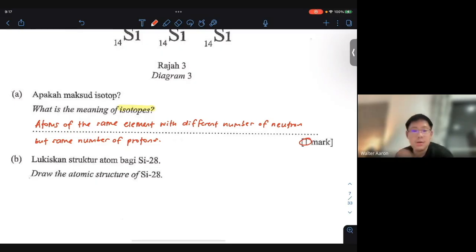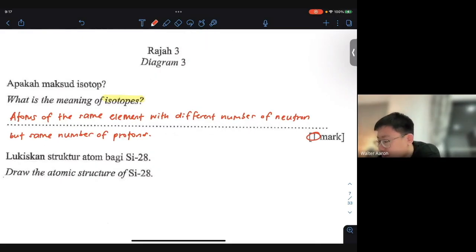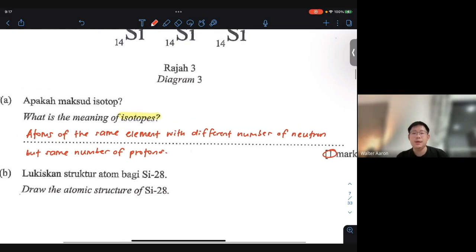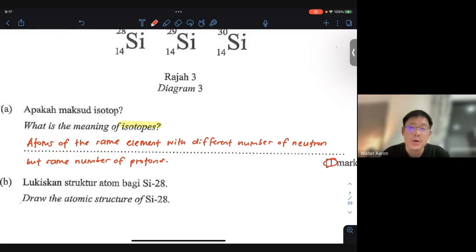Meaning to say, you can also change the answer to nucleon number also. Different nucleon numbers.